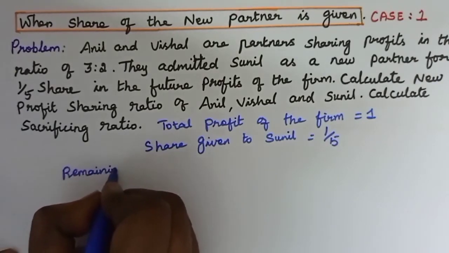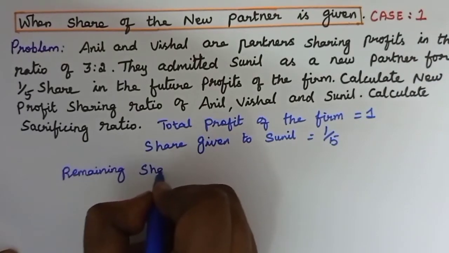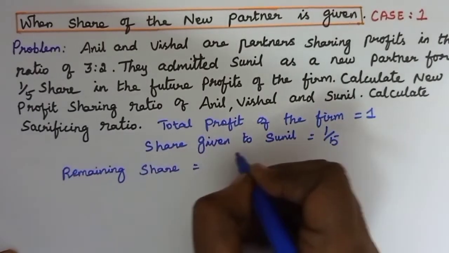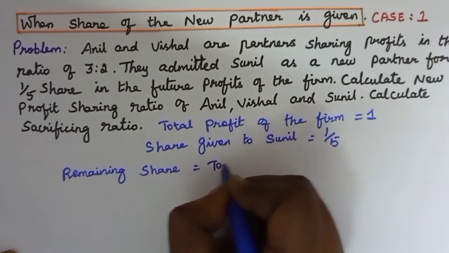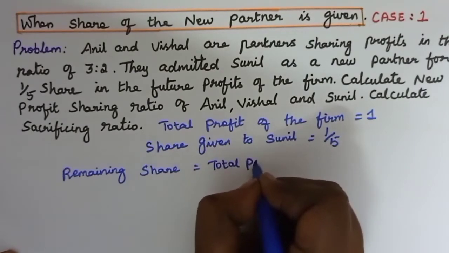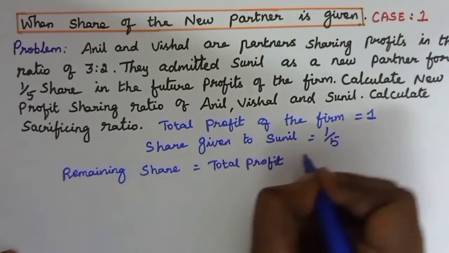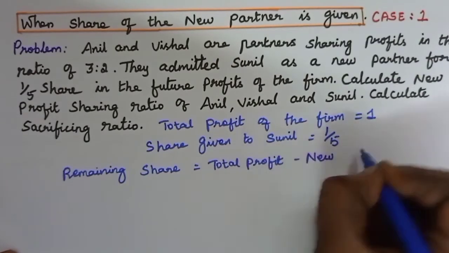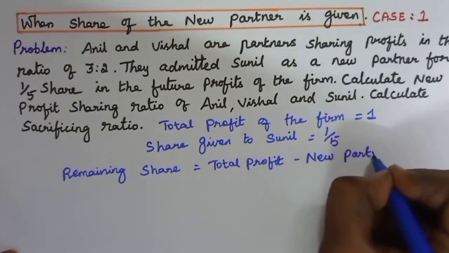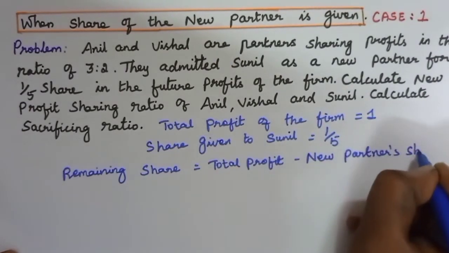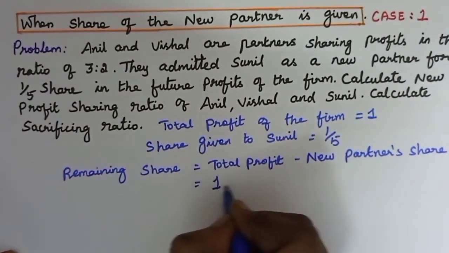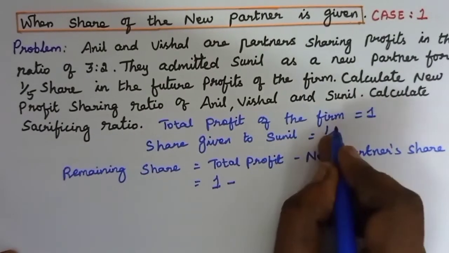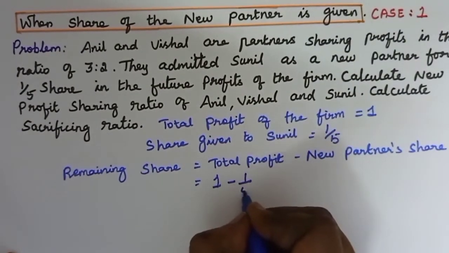To find out the remaining share, we have to subtract the share of Sunil from the total profit. That is, total profit minus new partner's share. Total profit of the firm 1 minus the new partner's share 1/5.